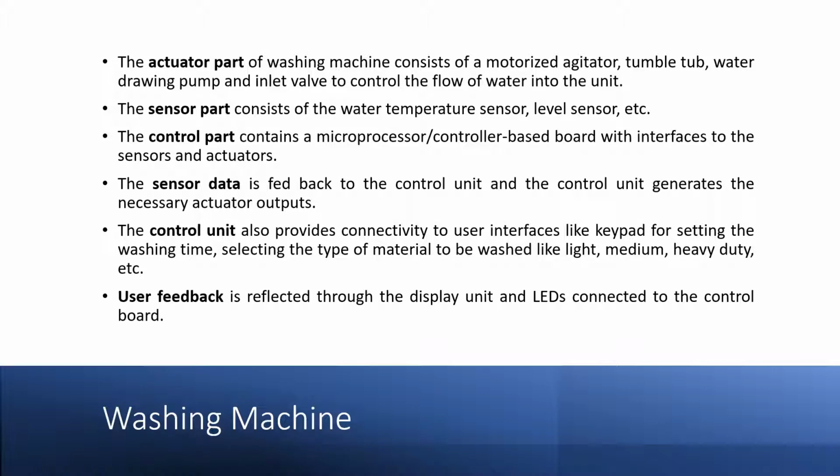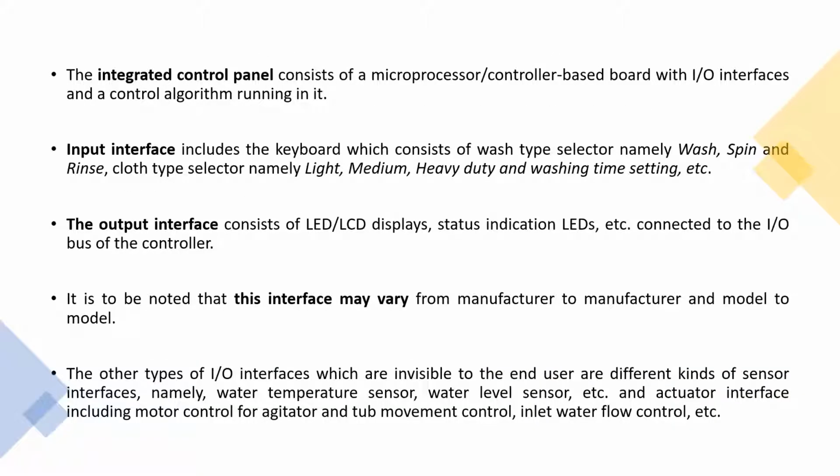So you have options of selecting light duty, medium duty, heavy duty, etc. also. And all these feedbacks can be displayed through a display unit, maybe an LED which is connected to the control board. So these things we already know about a washing machine.